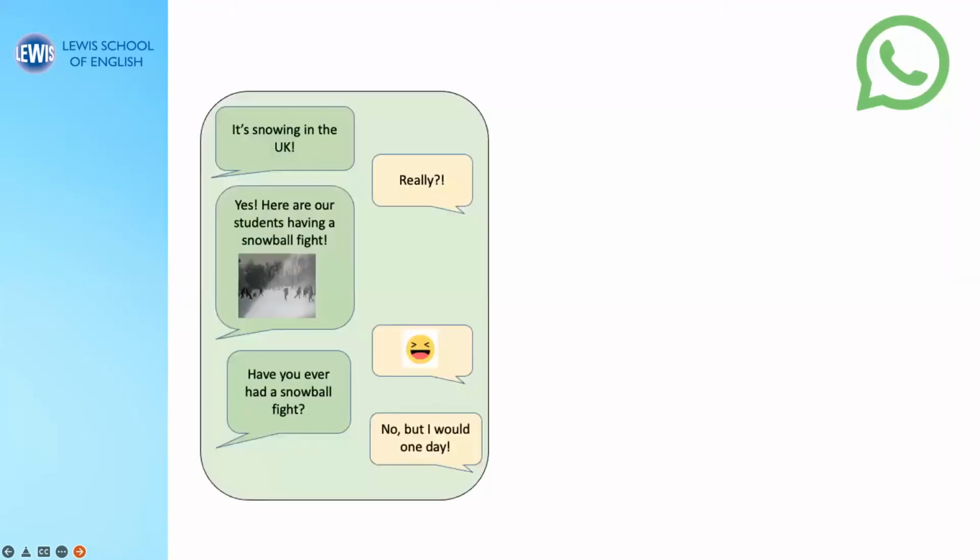Now, these are some examples. They're not exact examples, but they're pretty close to the original exchanges of how WhatsApp was used. Here's one example of an exchange between teacher and students. We woke up one day in February and there was snow everywhere, and all of our students at Lewis School were having snowball fights.